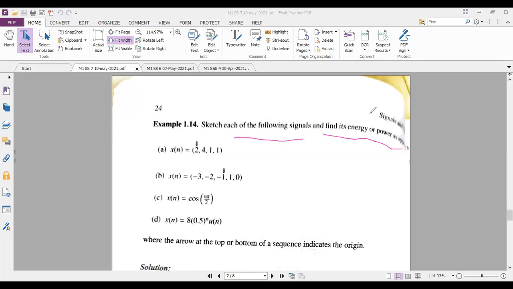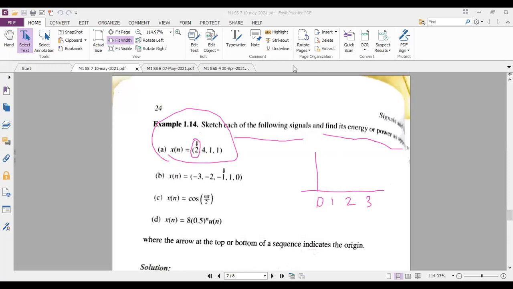Sketch means you know how to do the sketch. X of n is given as 2, 4, 1, 1. Sketch means I have to just take 0, 1, 2 and 3. Now tell me, the first amplitude is 2. Where do I have to plot 2? There is an arrow mark here. Very good. If there is an arrow mark, you know what it represents.